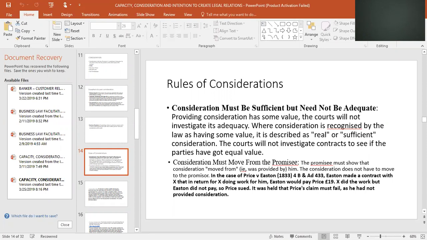So consideration has moved from Yvonne to me. It is a good consideration because it came from Yvonne to me. By Yvonne washing my car, the consideration moved from her to me. That is the second rule.